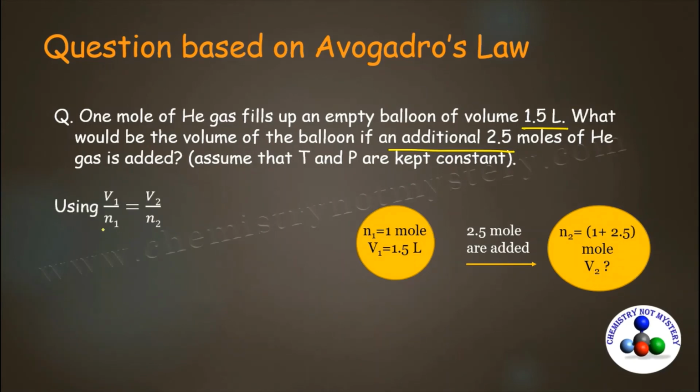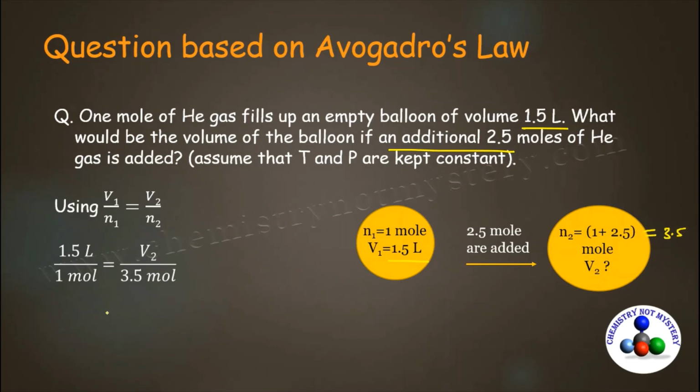So let's apply the formula. We have the formula V1 upon n1 is equal to V2 upon n2. Now place the values in this formula. So we get V1 is equal to 1.5 liter, divided by n1, that is 1 mole as given in the question, is equal to V2 that we have to calculate, divided by 1 plus 2.5, which is equal to 3.5 moles.